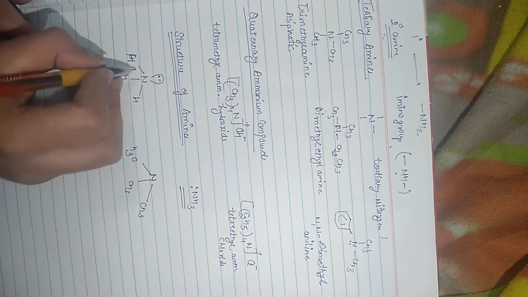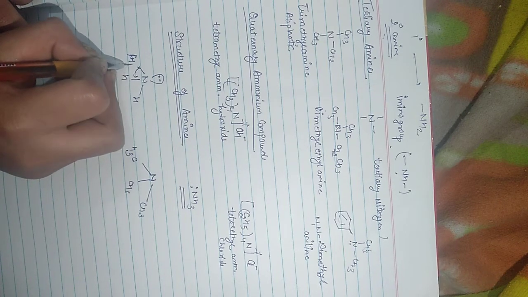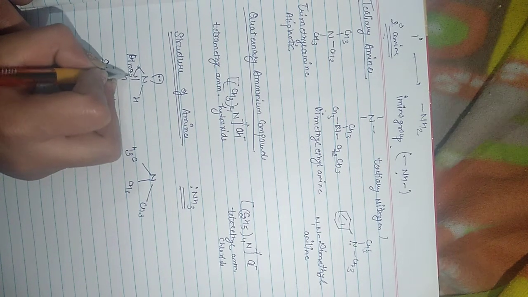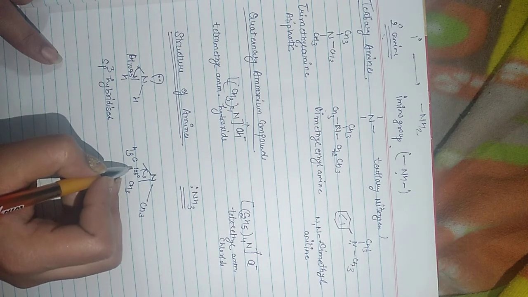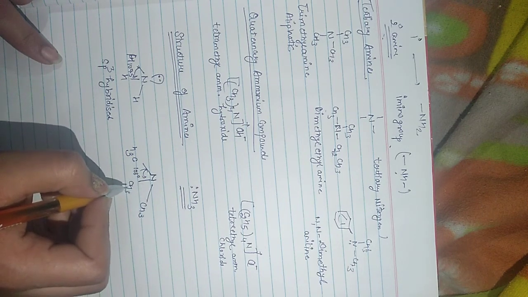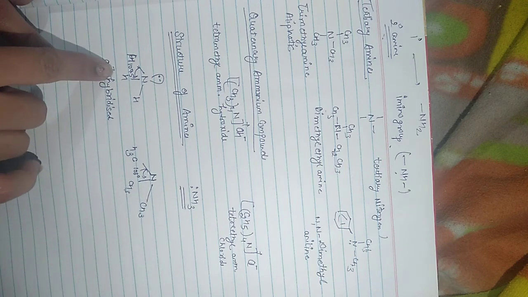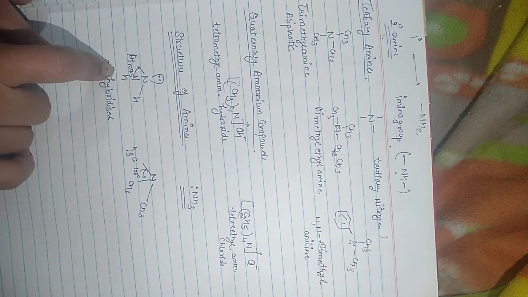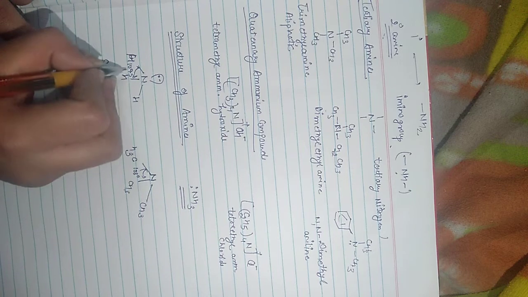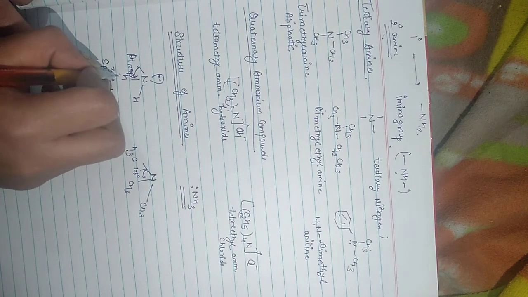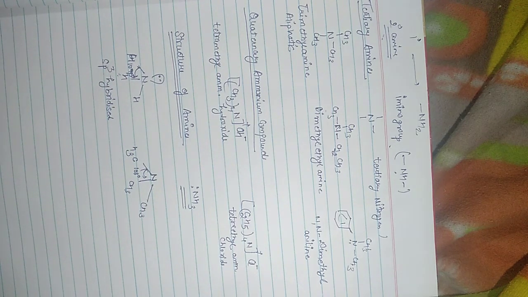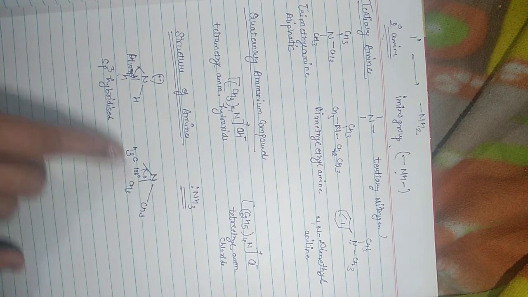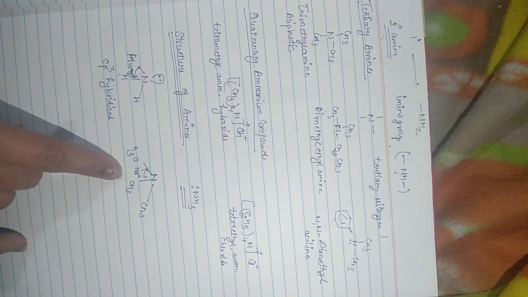Now the bond angle in case of ammonia is 107 degrees, but in case of amines it will be 108 degrees.